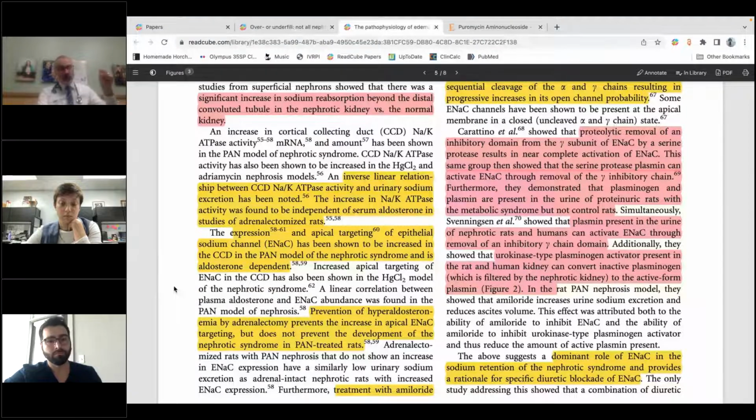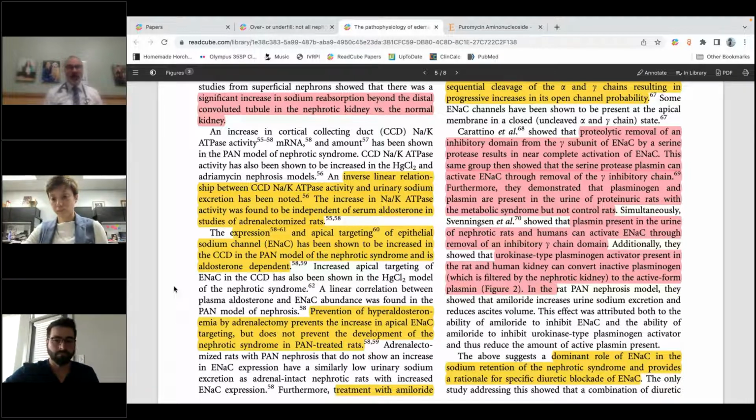Now the apical side, in order for sodium to get from the tubular lumen into those epithelial cells, is through the epithelial sodium channel, or the ENaC that we call it. And it's been shown that when you have nephrotic syndrome, you have more ENaCs that are being made, and there's increased targeting and movement to that apical surface.